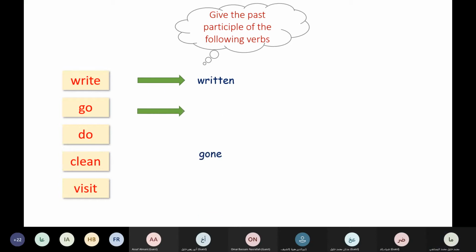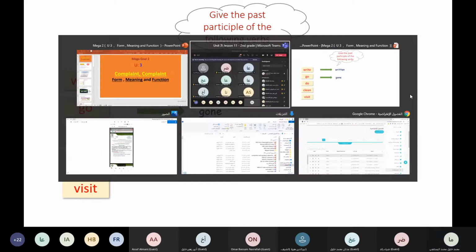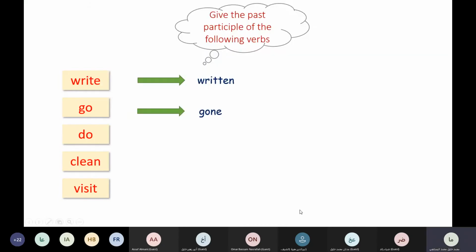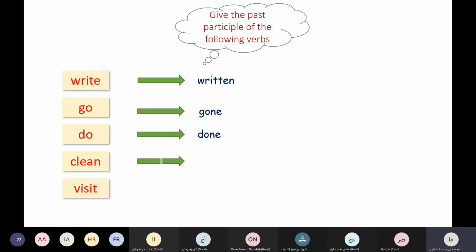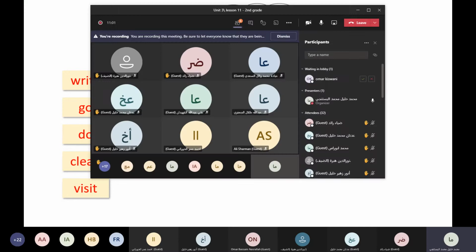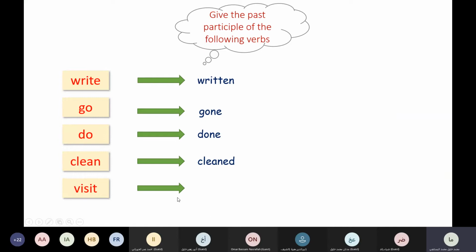Ahmed, do: did, or done? Past participle, sorry, Mr., done. Good. Clean, Nordin: cleaned. Good. Muhammad Abdul Rahim, visit: visited. Good. So these are the past participle verbs.